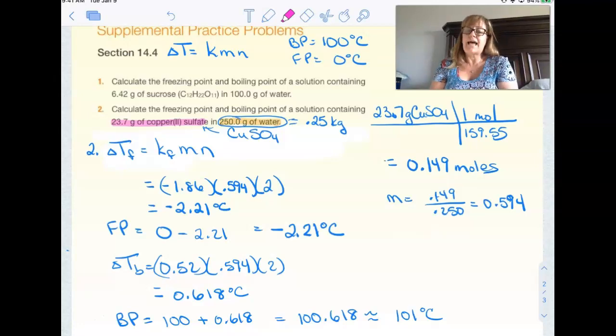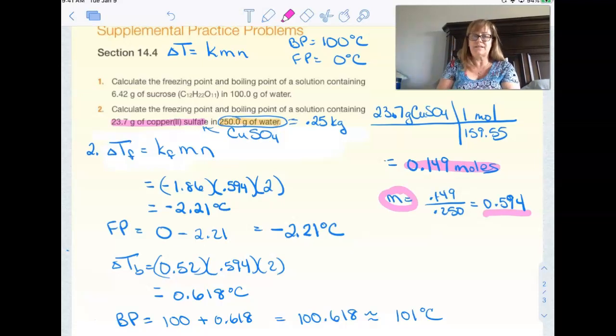We need to take that and convert it to moles. When you do that, you divide by the molar mass, you get 0.149 moles. You use that and your kilograms of solvent in your molality equation, and you will get 0.594 molal solution of copper sulfate.